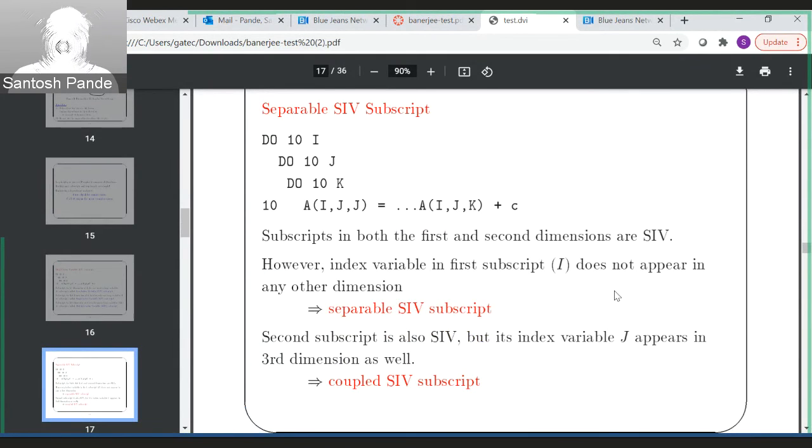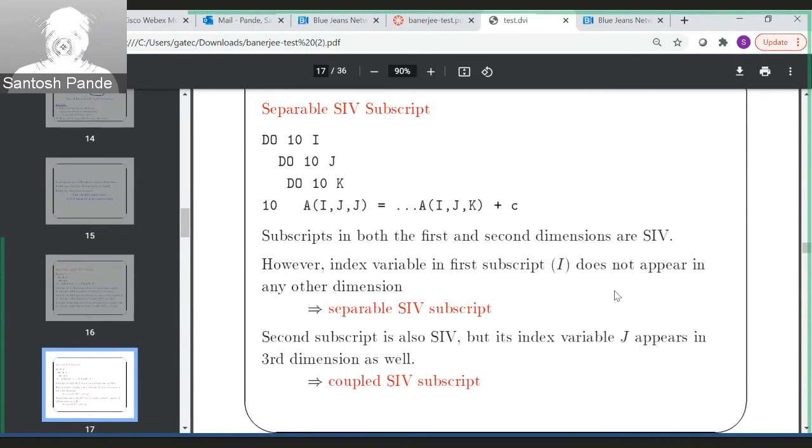So if you look at it in the first dimension, you can see that these i's do not occur in functions in the second dimension or third dimension. So we can test for these I's completely independently. However, the j's cannot be separately tested from k's. You can see that's because the j appears in both the second dimension as well as in the third dimension. And in the third dimension, we have k appearing as well.